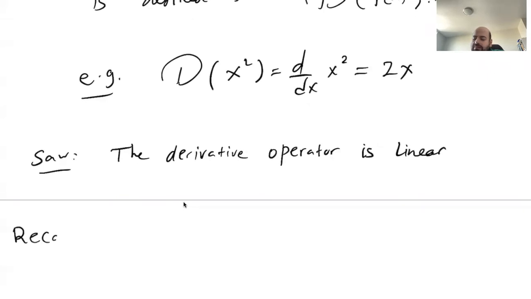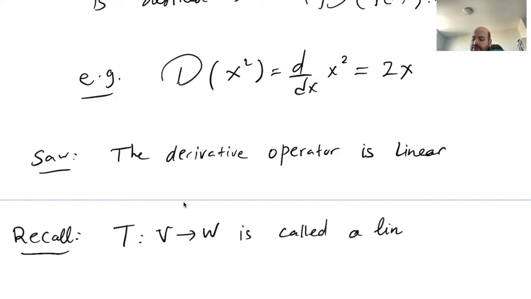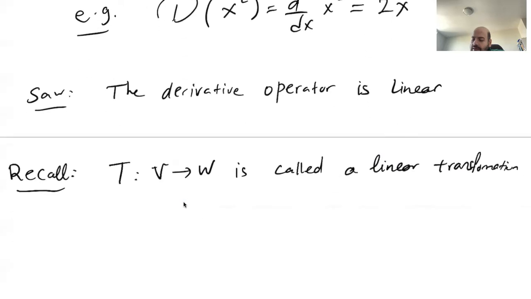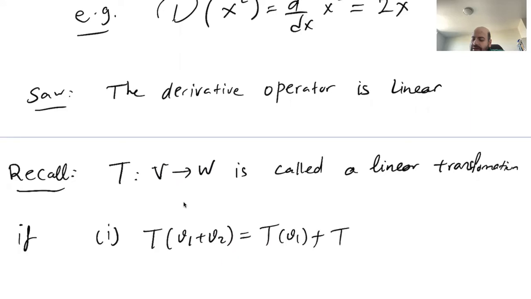Recall, T, let's say from V to W, is called a linear transformation if, first of all, T of v1 plus v2 is equal to T of v1 plus T of v2.